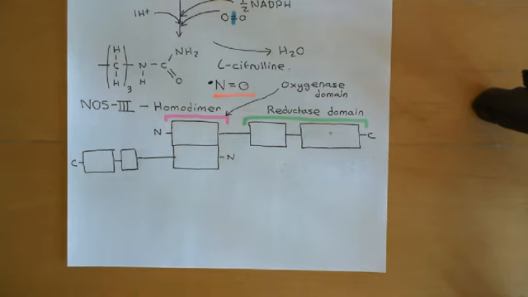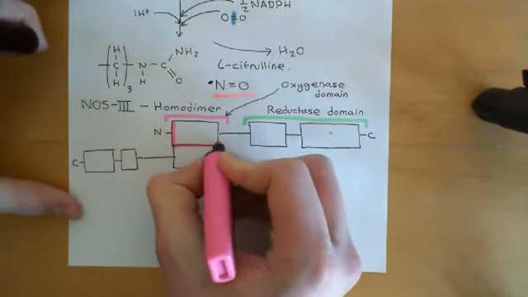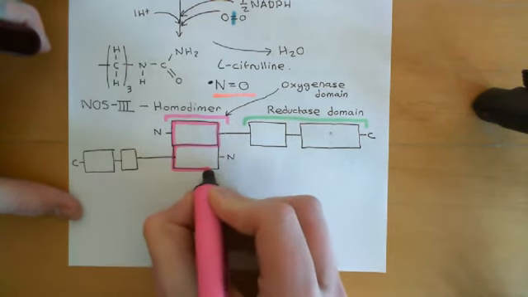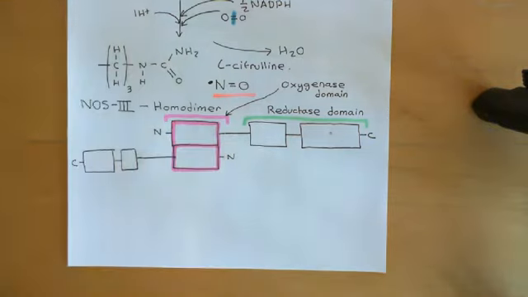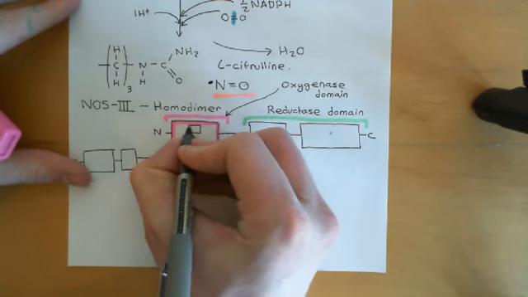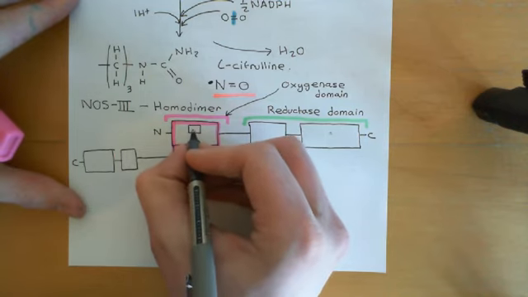Right, so let's talk about some of these domains. Let's start with these oxygenase domains here. These oxygenase domains are going to have a prosthetic heme group bound to them. So I'll draw this in here. Remember, prosthetic heme groups consist of a porphyrin ring with an ion, which is a tongue twister, right at the centre.